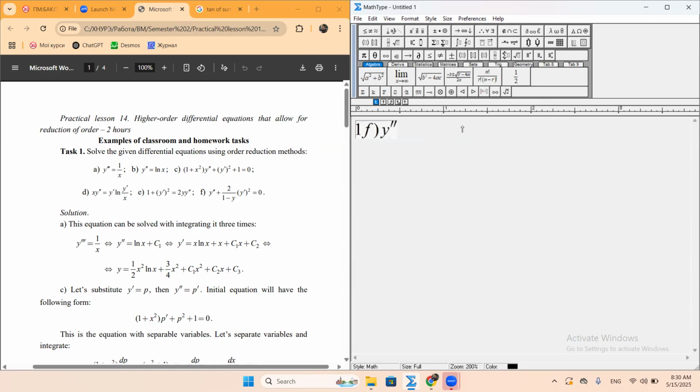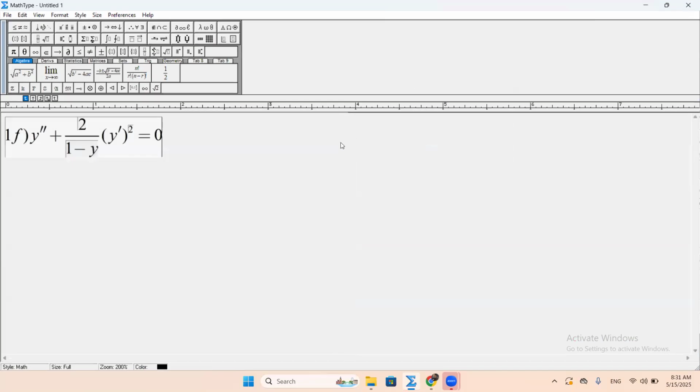y double prime, so y prime twice, plus 2 over 1 minus y, prime square equals 0. So again, we have the same type of differential equation.